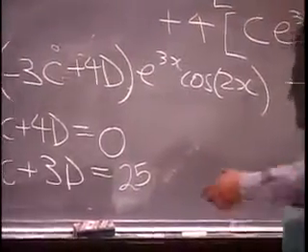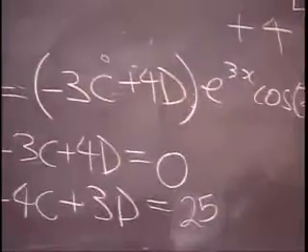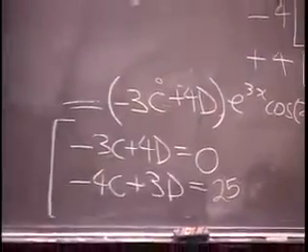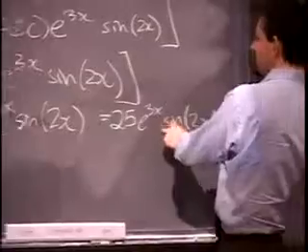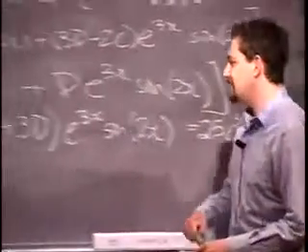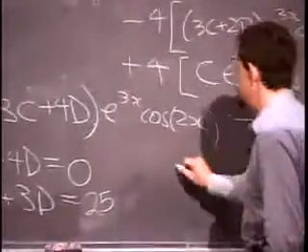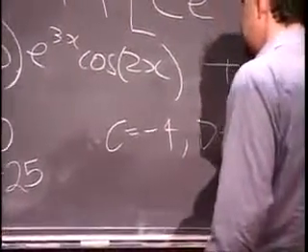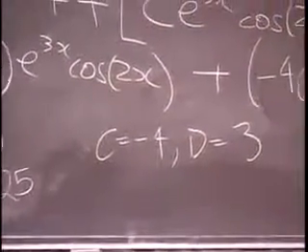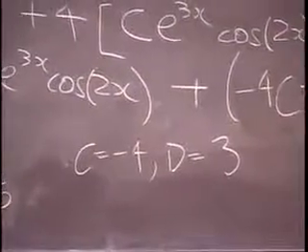But this bit has to be 0, whereas this bit has to be the 25, so that this thing matches. And the solution turns out to be c equals minus 4 and d equals 3. If you plug that in, it's just simultaneous equations.